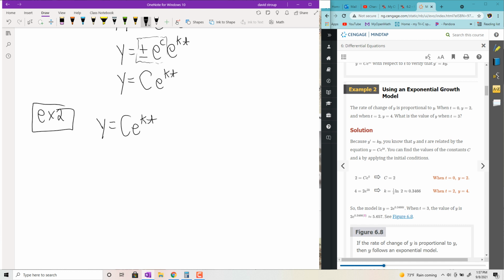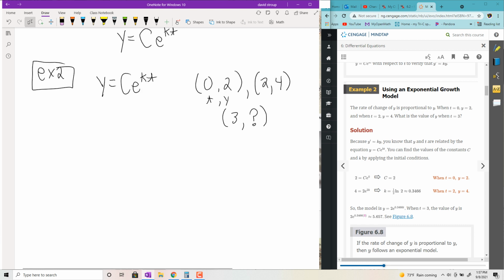Then they note some initial conditions. So I'll write them as ordered pairs, where we have t comma y in the ordered pair. So the first initial condition, 0, 2. And then the second initial condition is 2, 4. And then they want you to figure out the value of y when t is 3. Okay, so I'll put a question mark there.